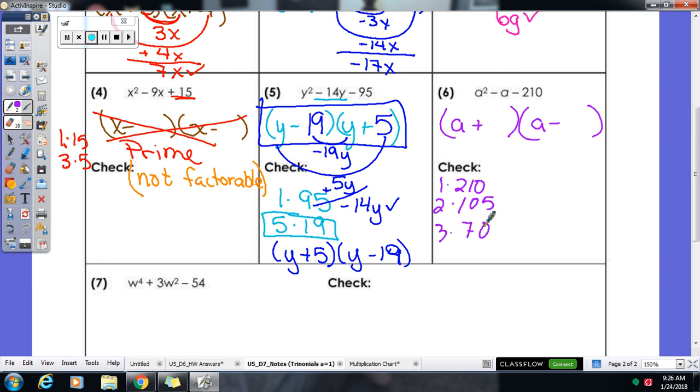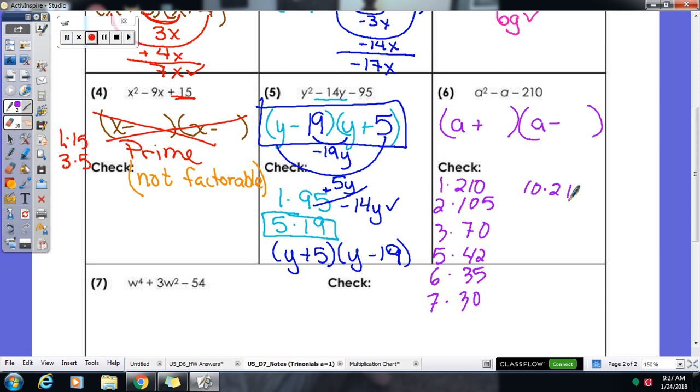No. 5 times 42. 6 times what? 35. Does 7 go into it? Yes. 7 times what? Does 8 go into it? No, 8 doesn't. Does 9 go into it? Then times 21.